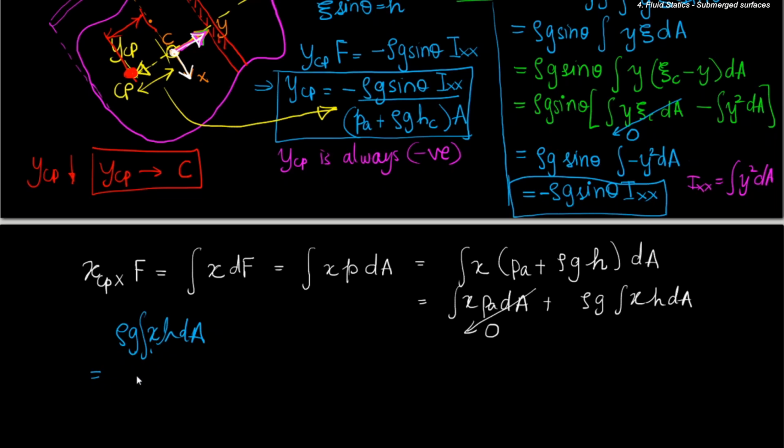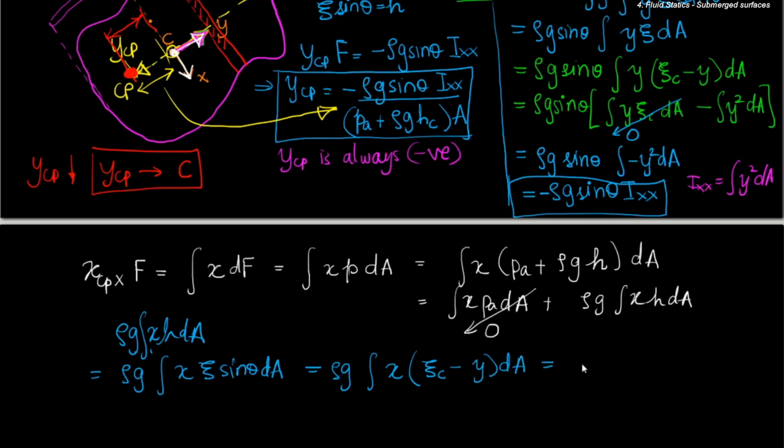Now we can again make the following substitution for h. h becomes equal to xi sin theta, so this becomes rho g integral X xi dA, and xi can be written as xi centroid minus y.